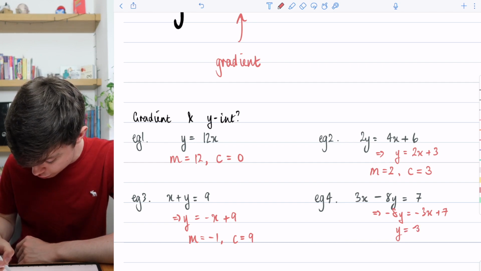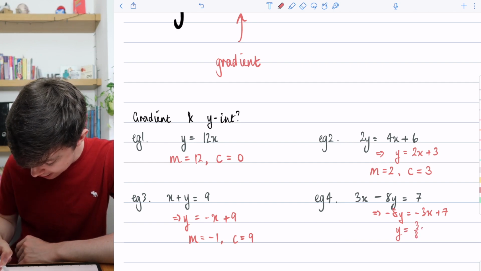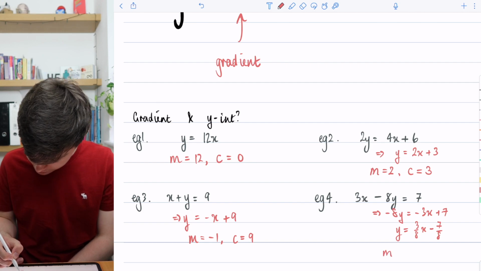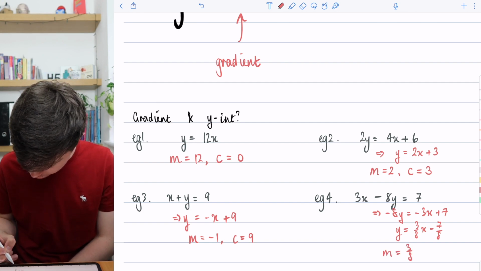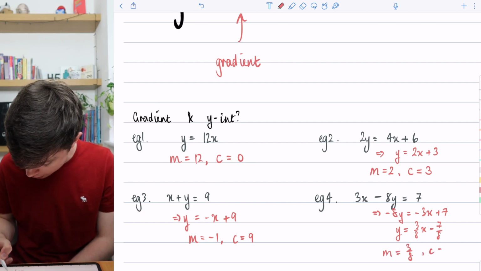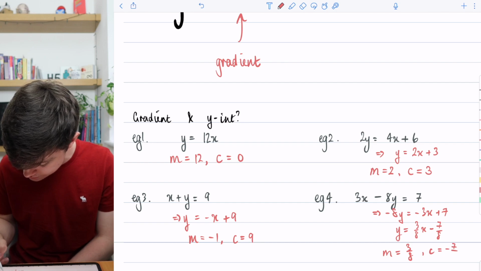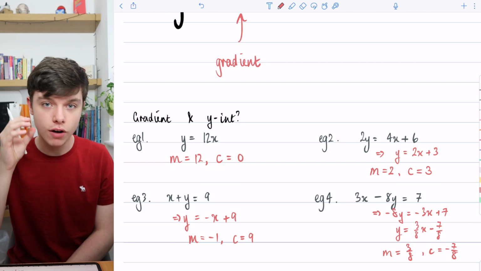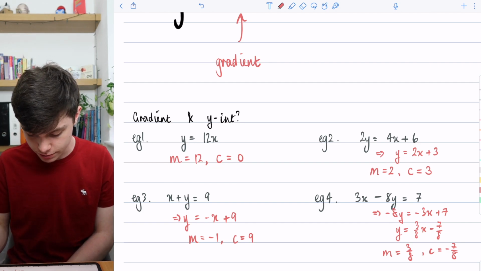So we'll have 3 over 8 x minus 7 over 8. And then I can see the gradient here will be 3 over 8, and the y-intercept will be minus 7 over 8. Okay, so quick examples of just reading off the gradient and the y-intercept.